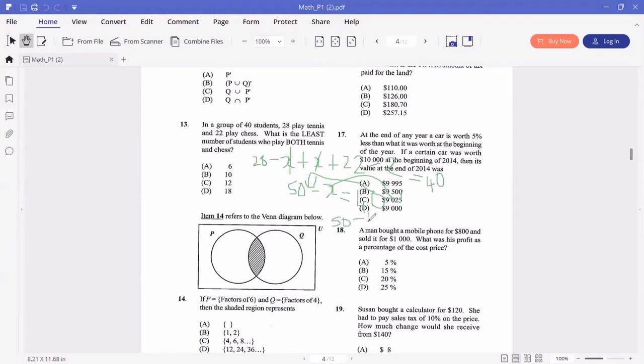So we get 50 minus 40 equal X. So therefore, that would mean X equals a value of 10. And that should give us an answer of B. So the least number of students who can play both tennis and chess is 10.